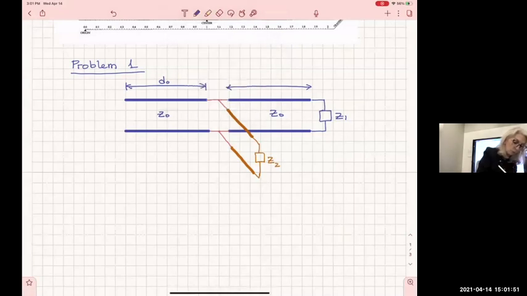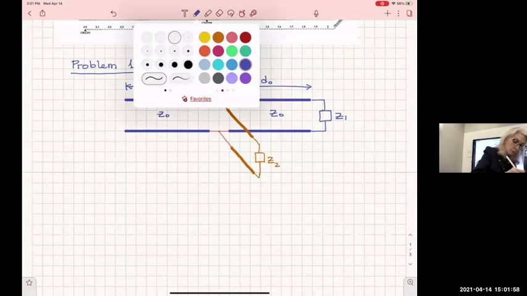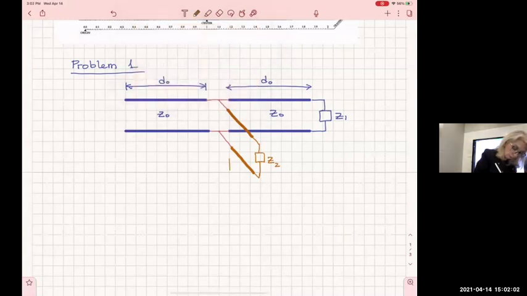I could give you a different one. I'll give you D naught. And then this length here is D2, say.